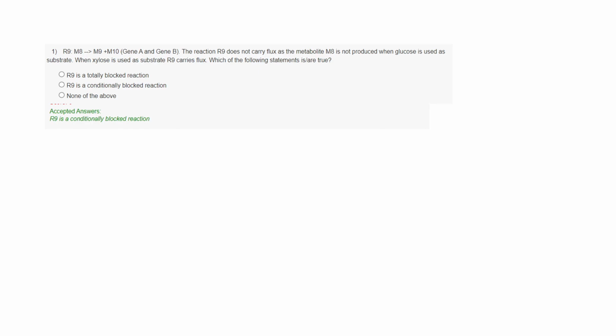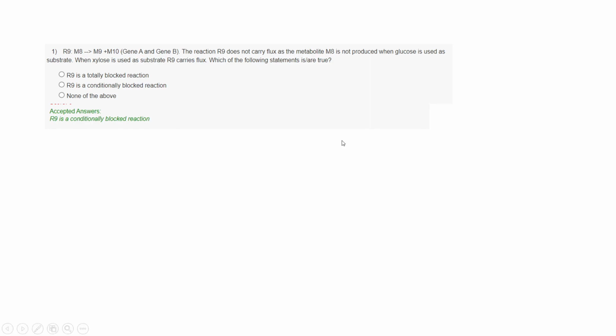So M8 is a dead end metabolite when glucose is used, and when xylose is used, R9 will carry flux. So M8 is a dead end metabolite when it is glucose, and M8 is not a dead end metabolite when it is xylose.